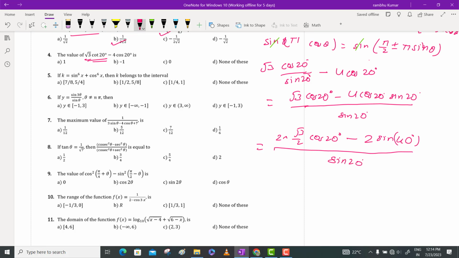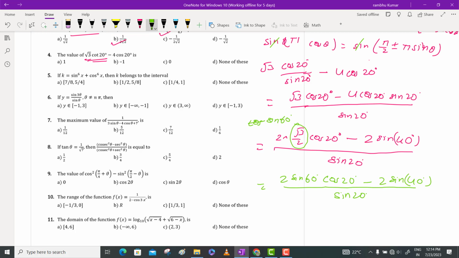So this root 3 by 2 we can write as sin 60. So if this is sin 60, then we will have 2 sin 60 cos 20, correct, and then minus 2 sin 40 divided by sin 20.